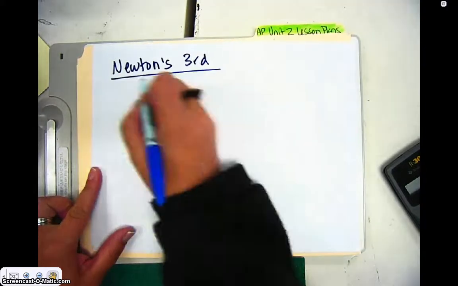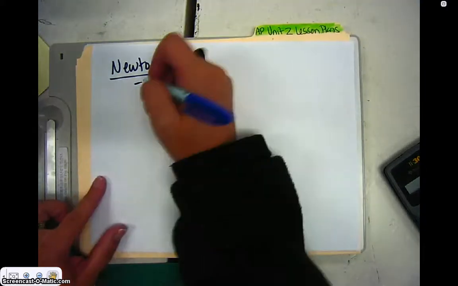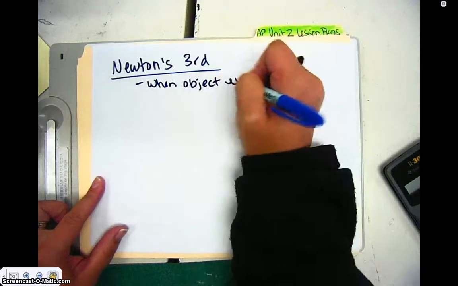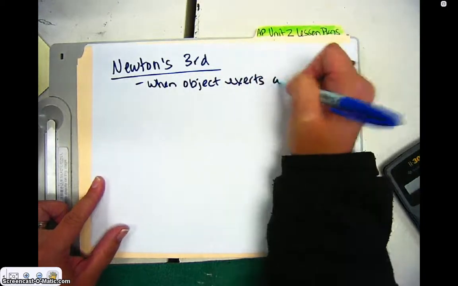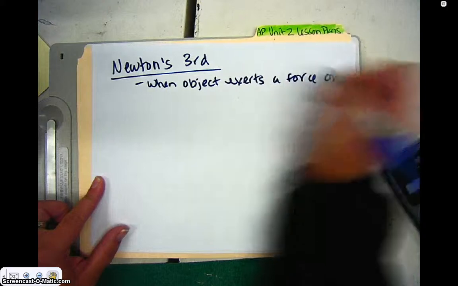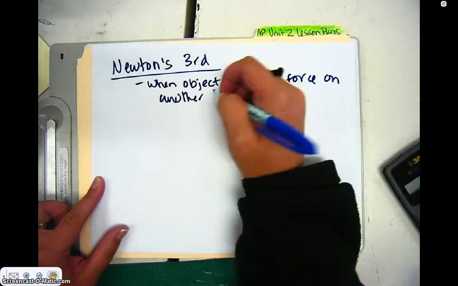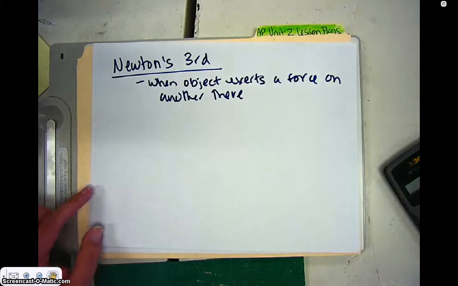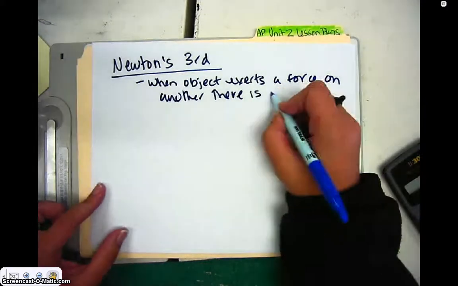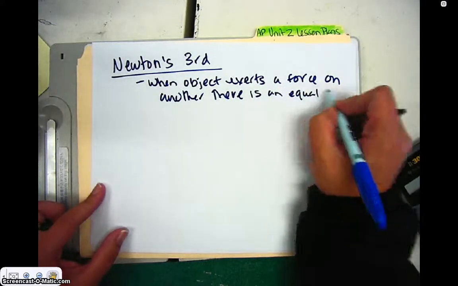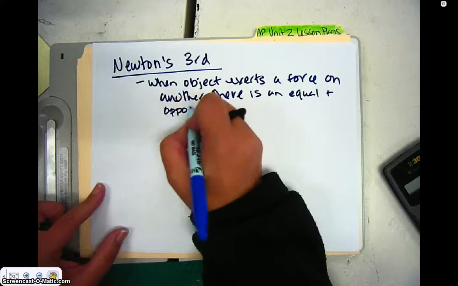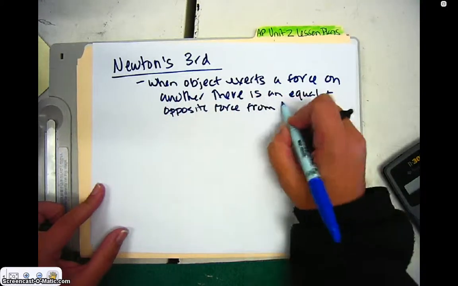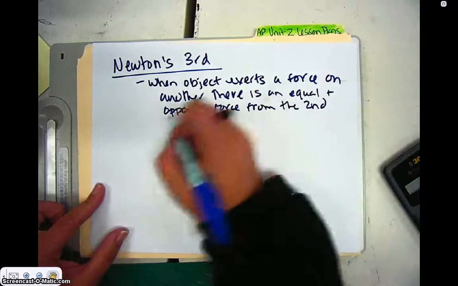Newton's third law says that when one object exerts a force on another, there is an equal and opposite force from the second object on the first.